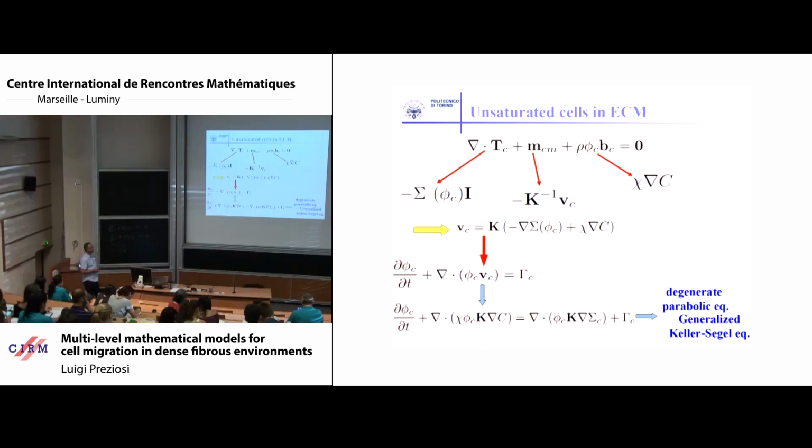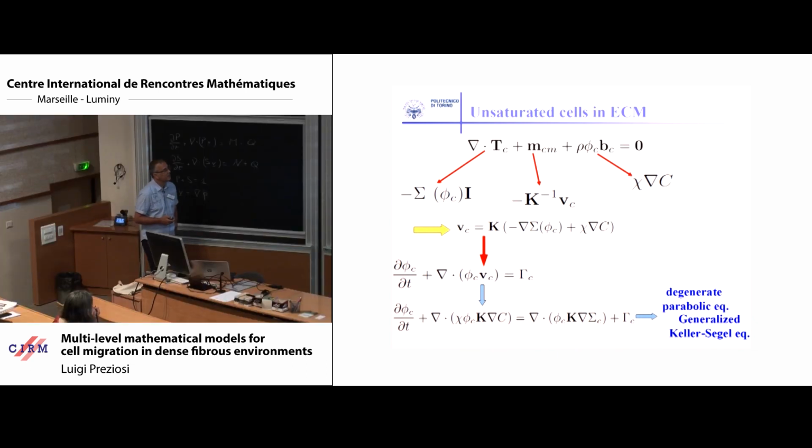And then this advective term, advective because there is this phi c here, describes the motion toward the maximum of this chemical field. Okay? And this is a generalization of a Keller-Segel model that can be obtained under some assumptions that, to tell you the truth, are very unphysical, I would say. However, this is the structure.